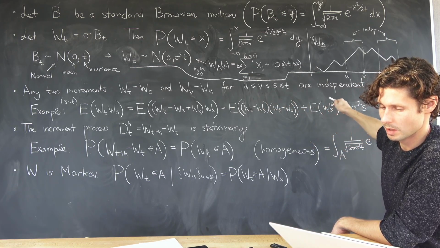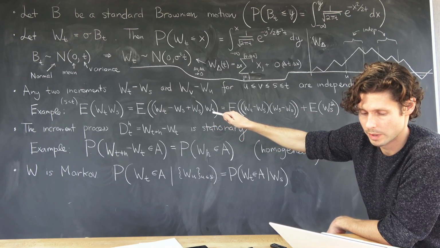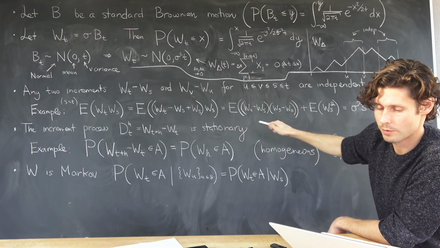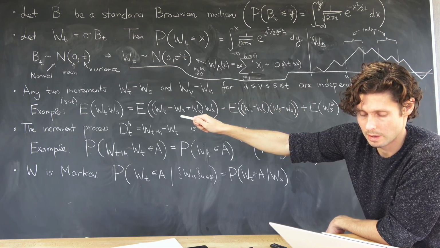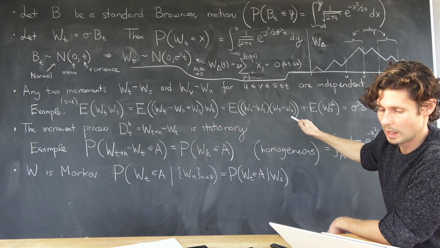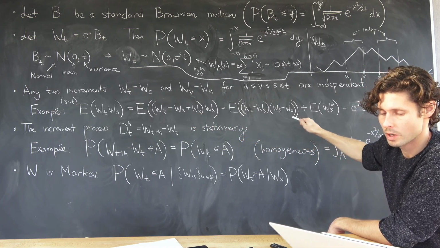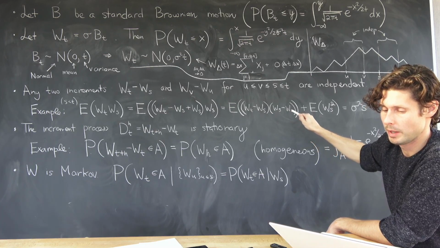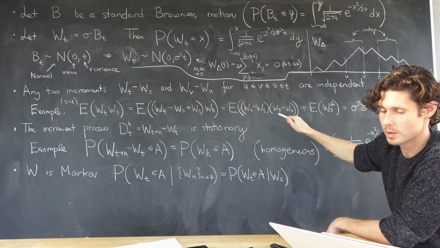One of them is WS squared, which comes from WS multiplying itself in this side of the parenthesis. And this first term just comes from the fact that WS now multiplies the increment from S to T, and W0 is 0. I just wrote it this way so that it actually looks like a legitimate increment. And this increment is now independent of this increment, and therefore it's the product of the two expectations.